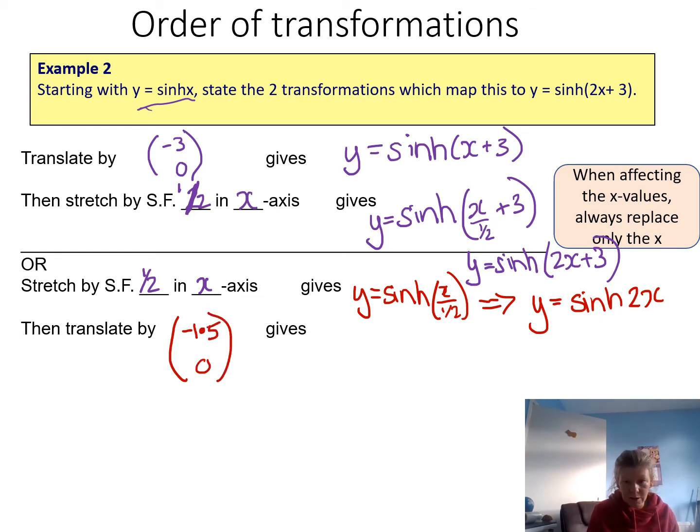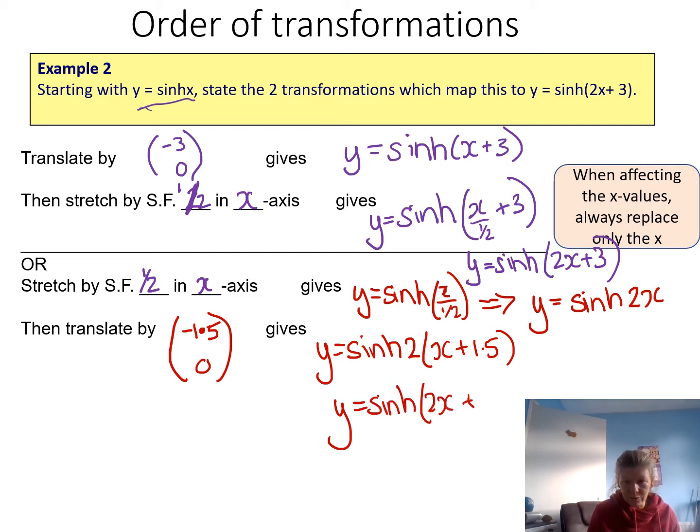And if we do that, that would give us y equals sin of 2 lots of x plus 1.5, which then gives us y equals sin 2x plus 3, which is what we were after. So sometimes if you get the order, well, they say if they're both in the x, translate first, and if they're both in the y, you'd stretch first, but you may not remember that, so just be careful.